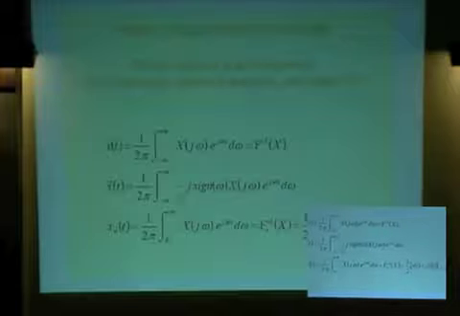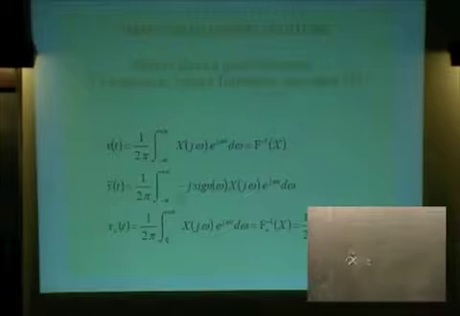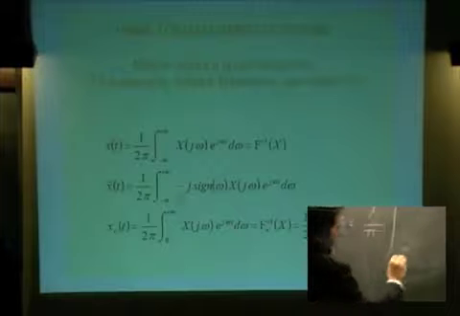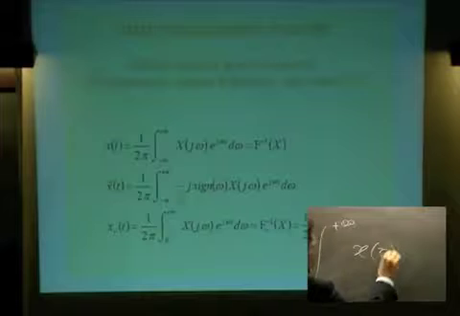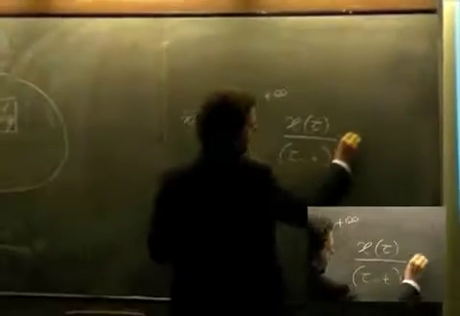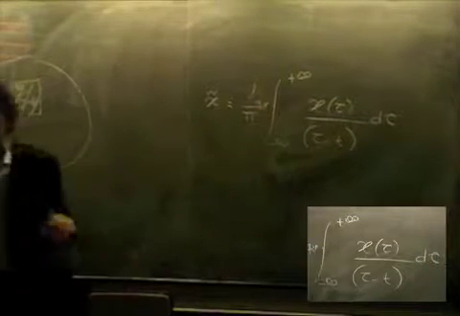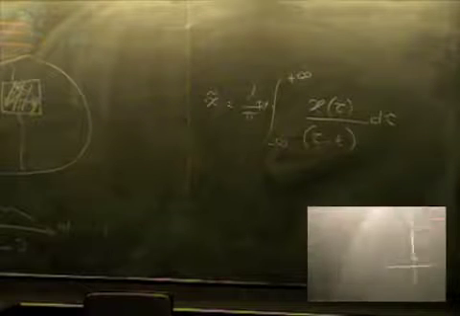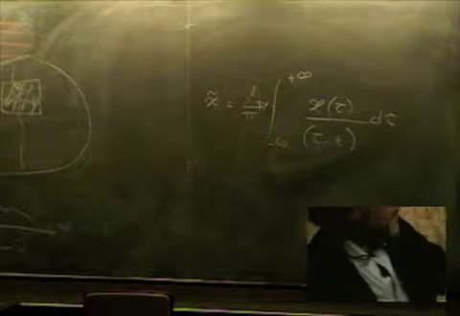You can show that this definition is equivalent to this integral transform that is 1 over pi times the integral from minus infinity to plus infinity of x(tau) over (tau minus t) d tau, and this is a principal value, of course. Okay, and that's it. That definition is more understandable, but if you at the end want to write in a more concise form, then you can.